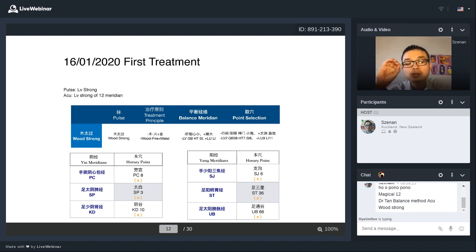And the treatment principle: when wood is strong, you reduce wood, and reduce fire, because wood supports fire. So there is a principle. If you're treating excess, you reduce the son of the element.